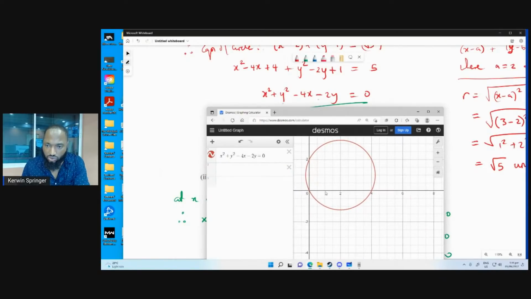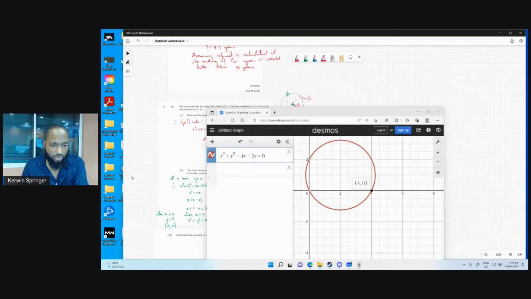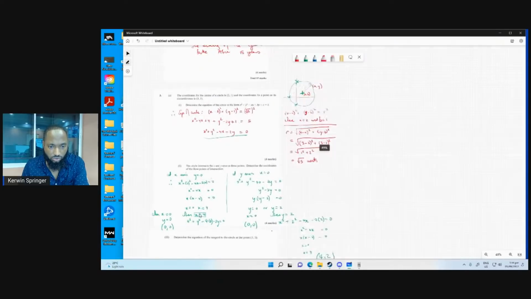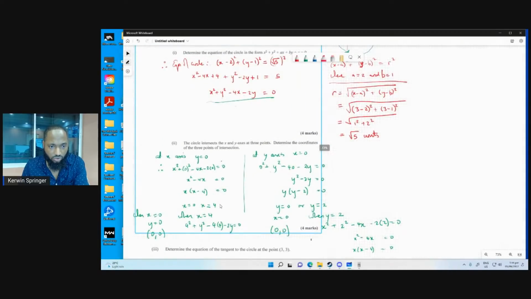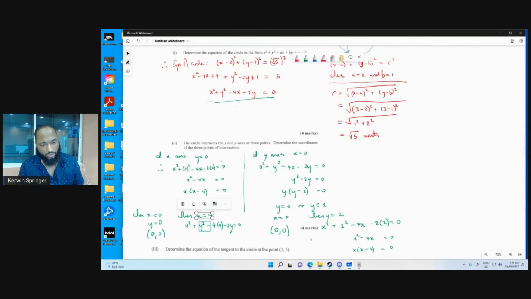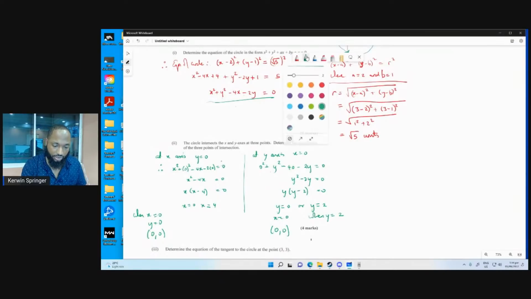So I get the 0, 0. I get the 4, 0. Well, x is equal to 4. Why am I going back and repeating this? I was circling myself. Yeah, I get the 2 points there. I understand what's happening there with me. Yeah, I was playing myself. So this is 4, 0.